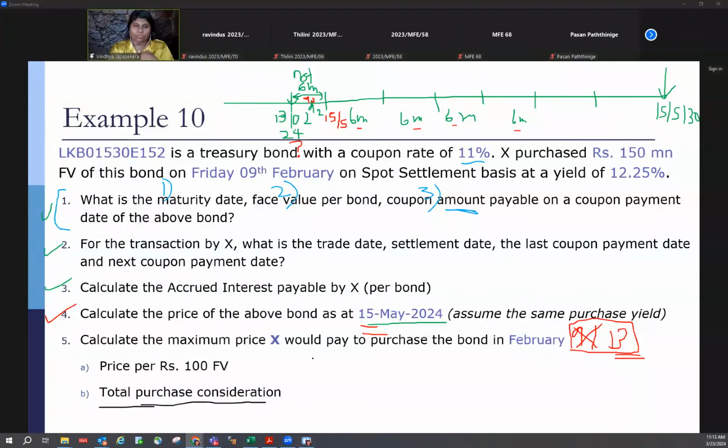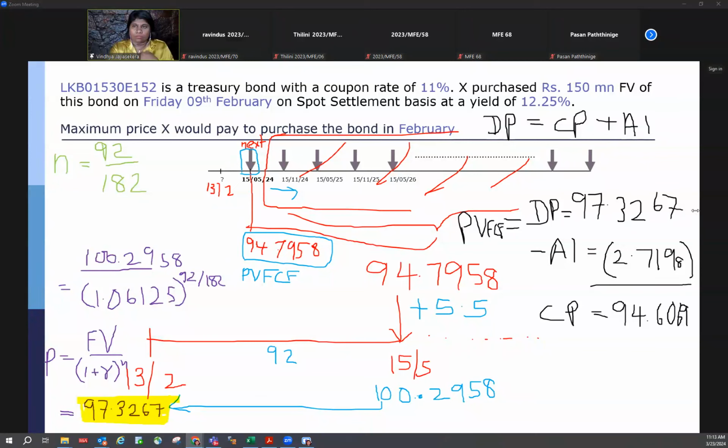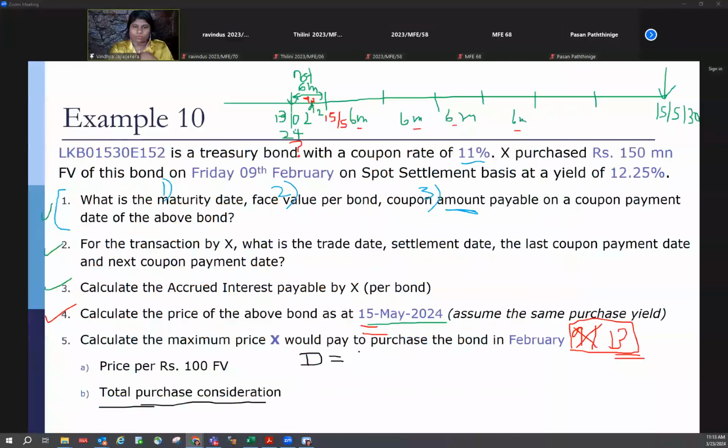You have two prices now. Dirty price is 97.3267. That's the dirty price.